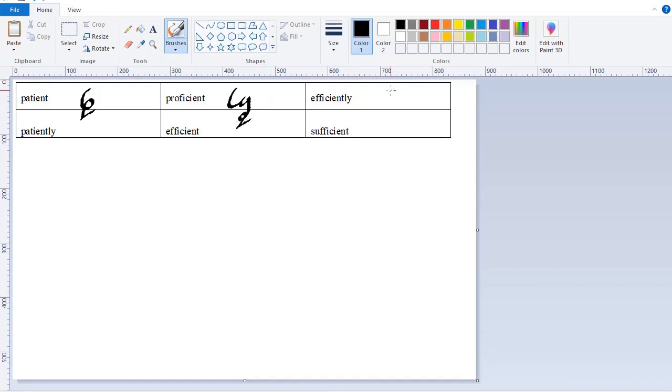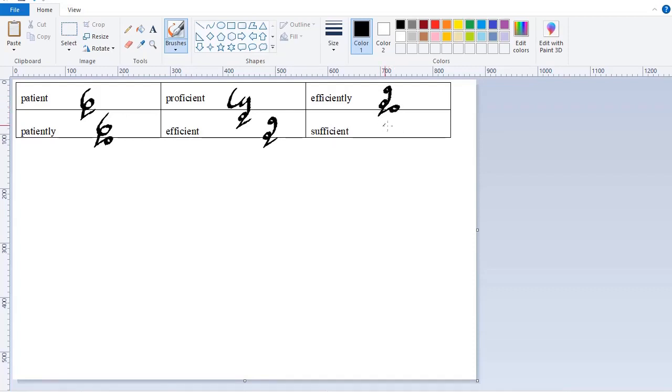Efficiently. Gawin muna natin yung patiently. So we have patiently, P-A and then shent, and then, of course, your li sound, which is represented by your small circle. Next, we have efficient. Efficiently, of course, let's just add li to efficient.